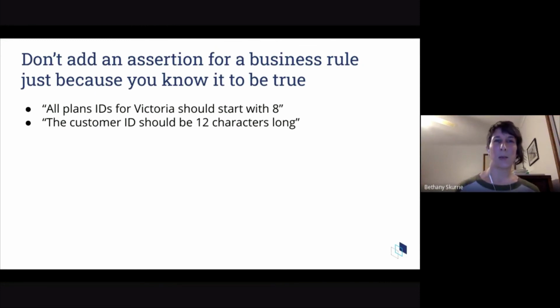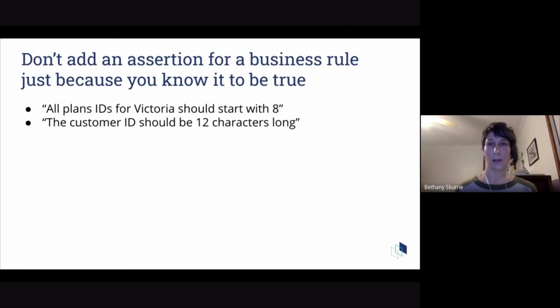This is something to be quite careful about. As soon as you start putting in either an exact match or a regular expression, stop and take a step back and ask yourself, am I putting this assertion in just because I know that it's true, or am I putting this assertion in because something will break in the consumer if this rule is broken?